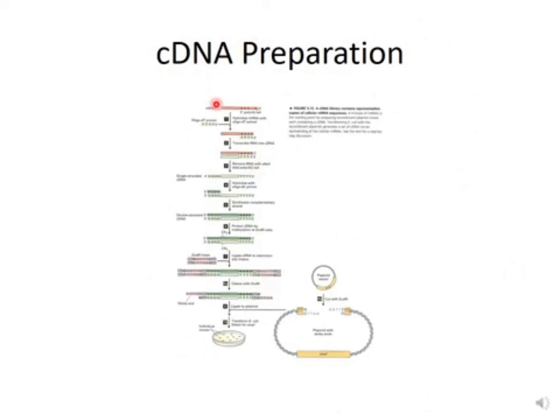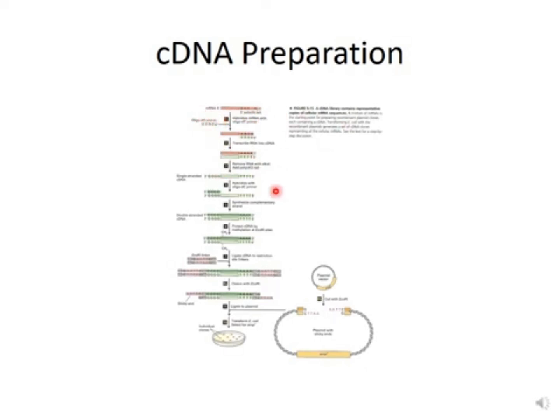We first extract the mRNA by allowing mRNA with its poly A tail to hybridize to the oligo dT primer. Once it's extracted, we want to make copies to convert the mRNA into a double-stranded DNA. So we obtain the oligo dT primer.